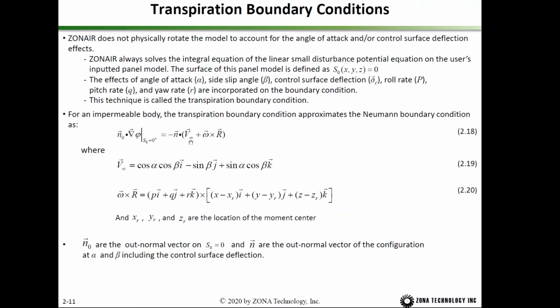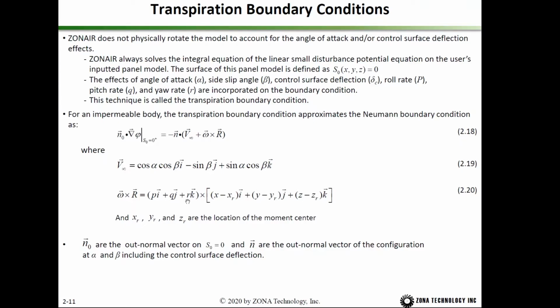V infinity can be expressed by alpha and beta, the angle of attack and the sideslip angle, along the i, j, k directions. Omega cross r is the induced velocity due to the roll rate, pitch rate, and yaw rate.